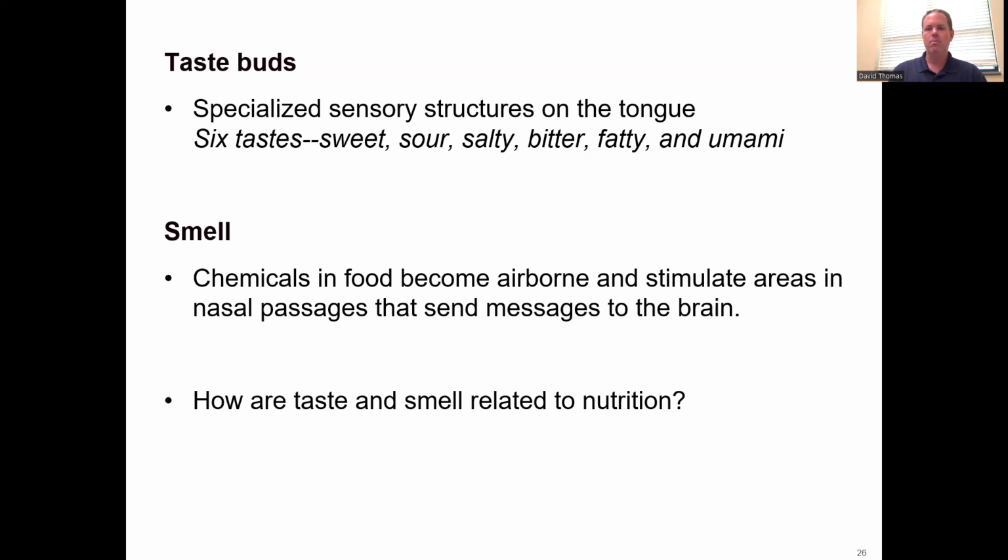Most everybody's heard of these tastes, especially sweet or sour or salty or bitter. But research has shown that we actually have a fat type taste as well. It's usually maybe an acidic type of taste, and maybe even a little bit on the sour side. And then the umami there on the end, that's more of a savory type of taste.